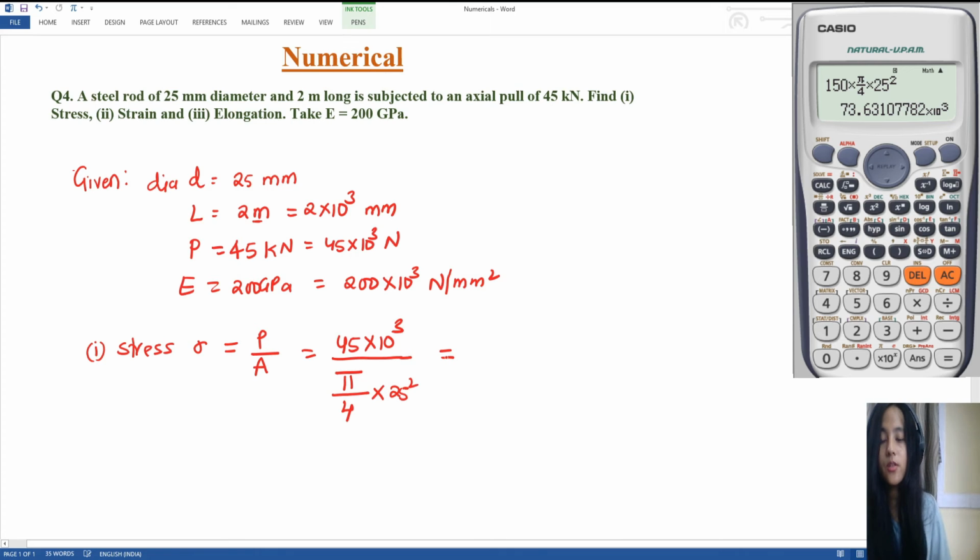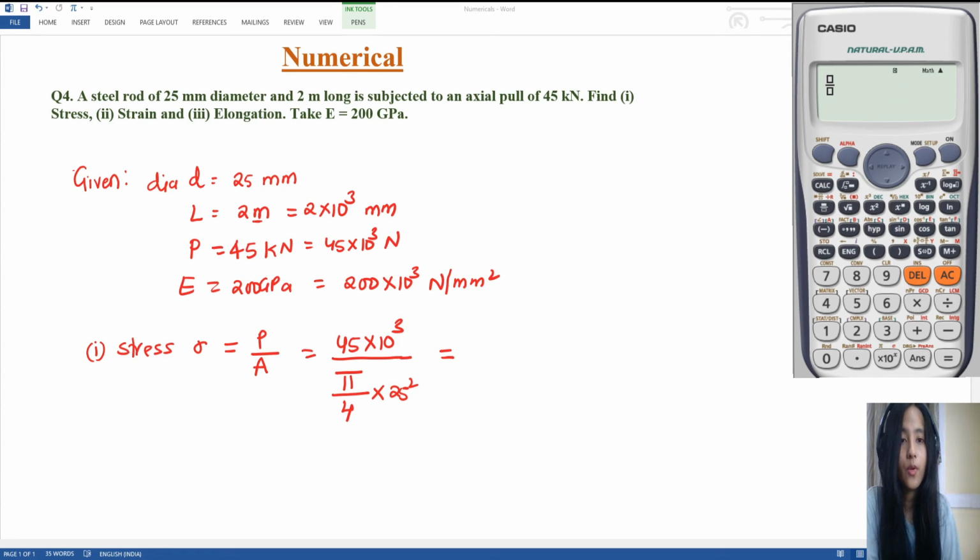So from here stress will be equal to 45 into 10 raised to power 3 divided by pi by 4 into 25 square.